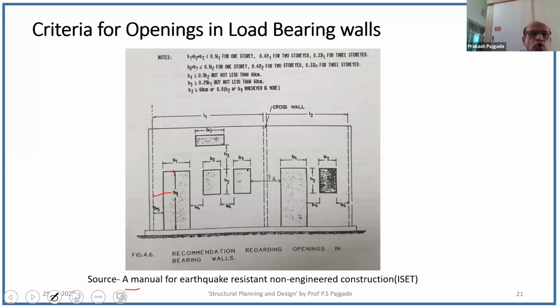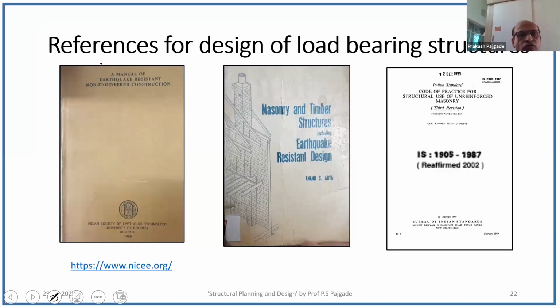So this is the book, Manual of Earthquake Resistant Non-Engineered Construction. So here many more things are given. So you can study these and you can design your load bearing structure. Then there is another book by Dr. A.S. Arya. This will explain you the calculation for load bearing buildings.